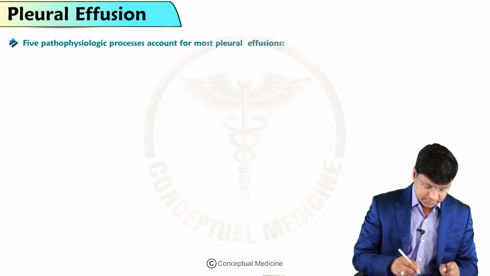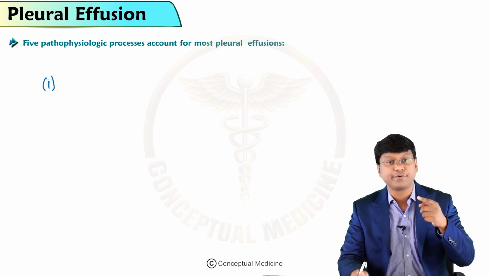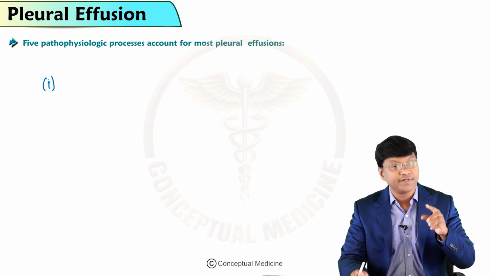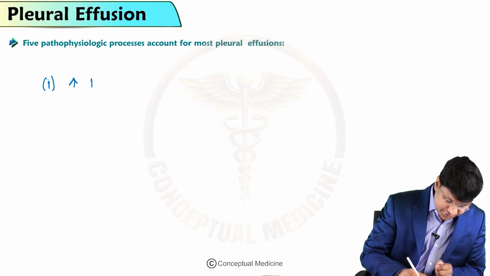Accordingly, there are the following pathophysiological processes that account for pleural effusion. Number one, the first one is increased production of the fluid in the setting of normal capillaries.